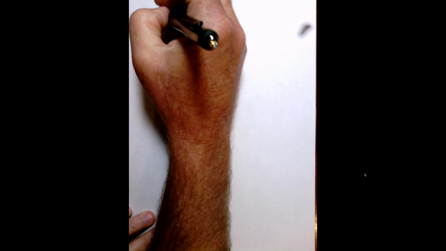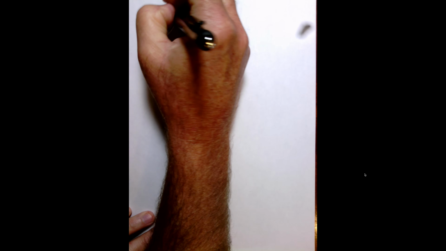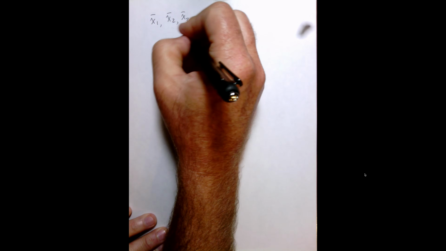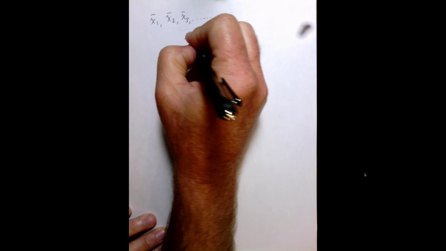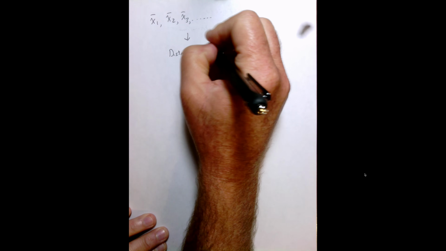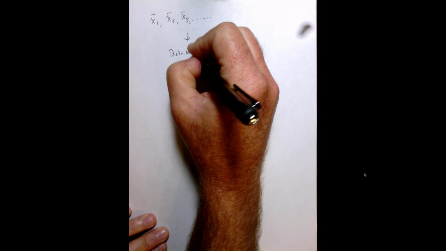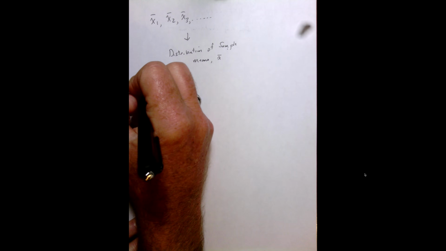Now, kick in the central limit theorem. Central limit theorem tells us that this distribution of sample means will have three characteristics.